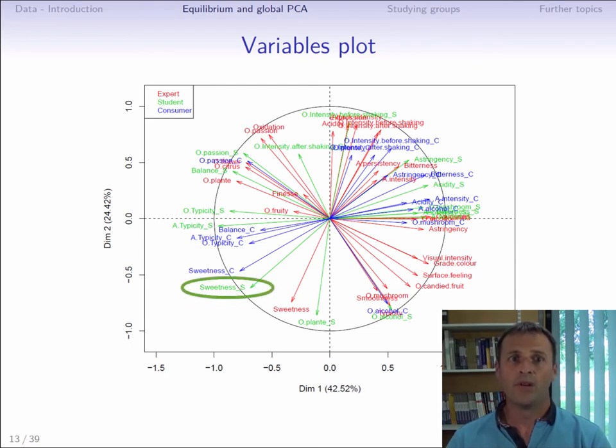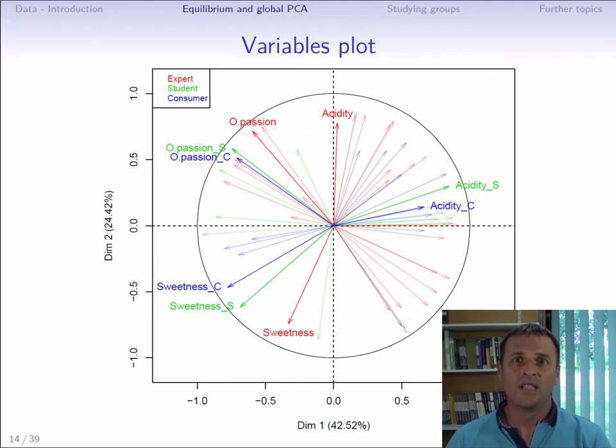In green, the variables used by the students with the name of the descriptor, followed by index S. And in blue, the variables used by the consumers with the name of the descriptor, followed by index C. Clearly, this plot is overloaded with information and it is difficult to read because there are so many variables. But remember, we have several groups of variables and we have represented them all. So this graph summarizes a lot of information. That's why it's so overloaded.